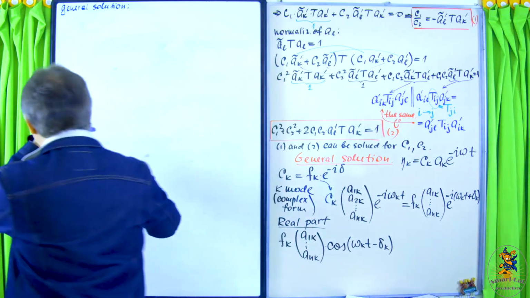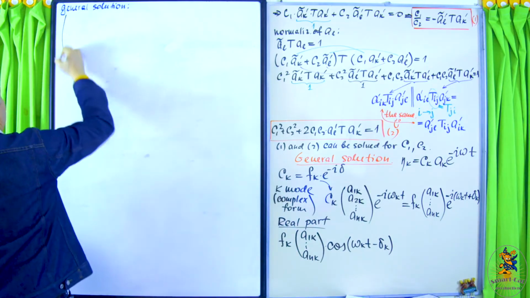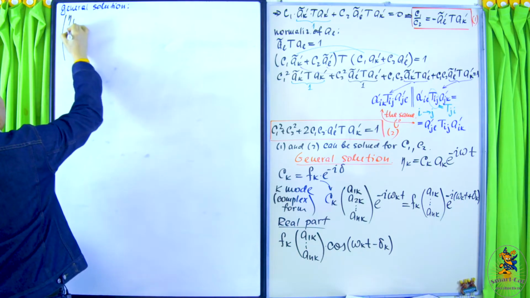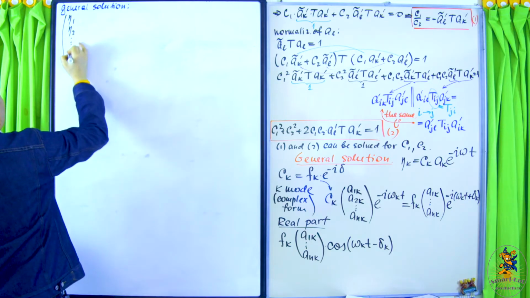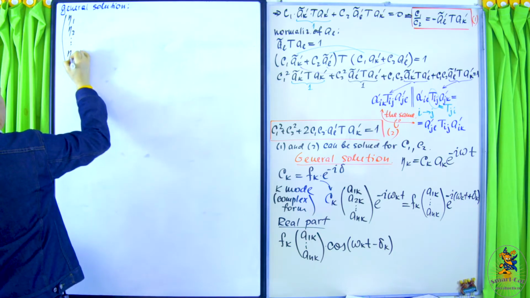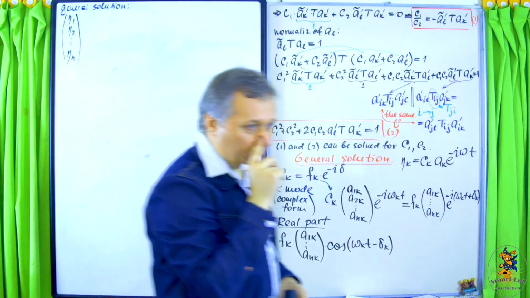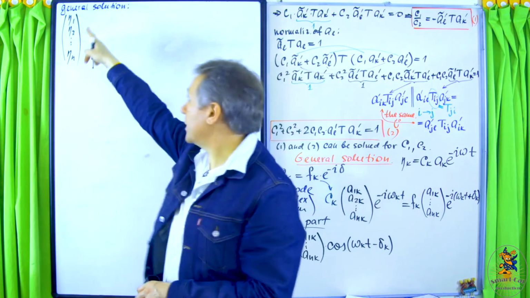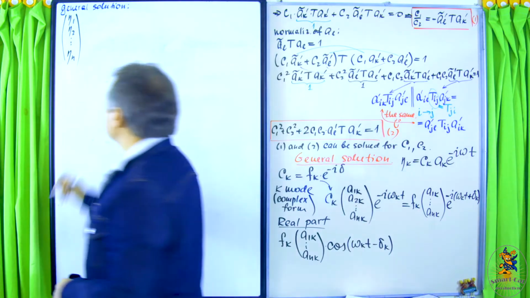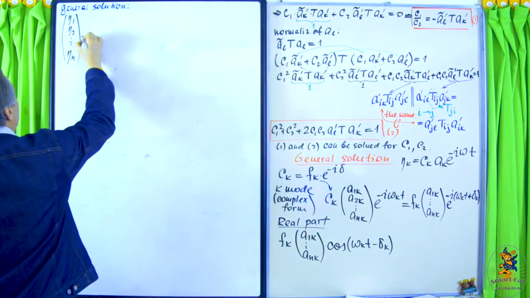So we need to write a column of displacements eta 1, eta 2, and so on, all the way to eta n. Again, eta's are displacements from the equilibrium, you remember. First particle, second, and so on. And now a linear combination, right?